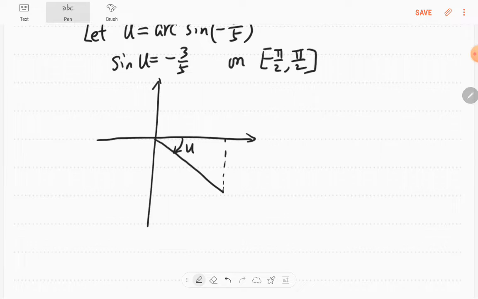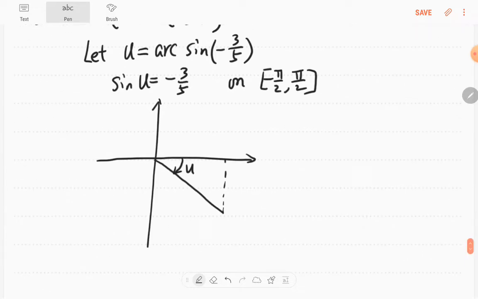So it's -3/5, so here must be the -3. 5 is always positive, so this is the distance from this point. So it's 5, but this point has the y coordinate -3. The length is 3, but it's below, so we denote it by -3.